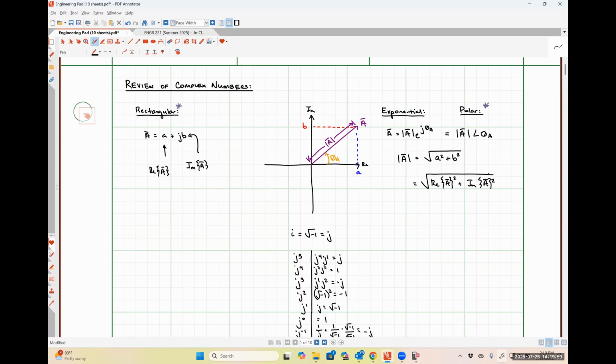For my angle, there are a couple of different ways that it could be done, all using trig identities.